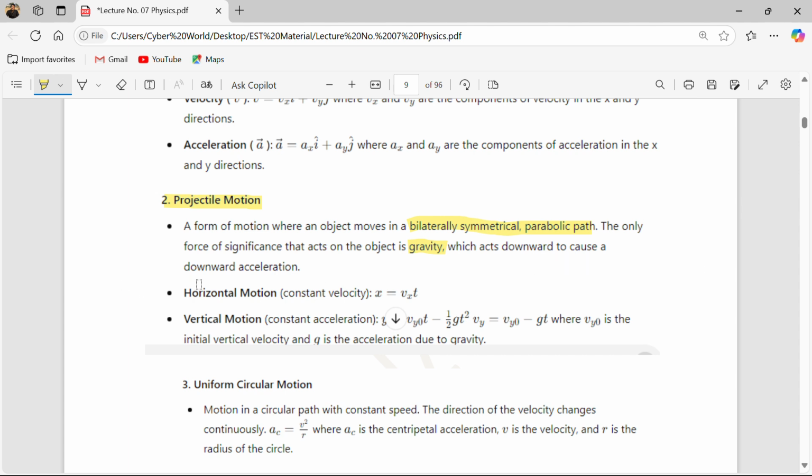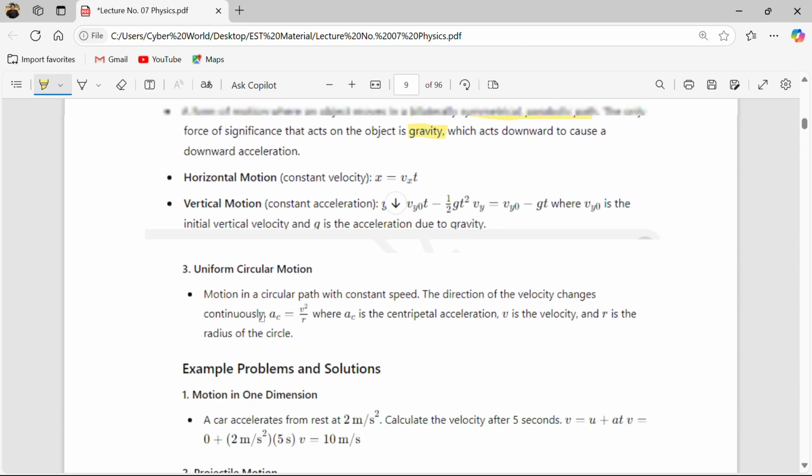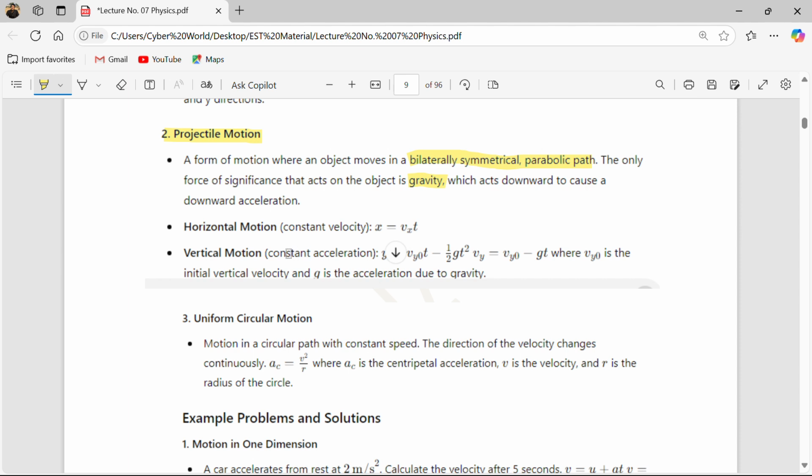This causes downward acceleration. So there is horizontal motion and there is vertical motion. In horizontal motion, the object moves with constant velocity. In vertical motion, you have constant acceleration.